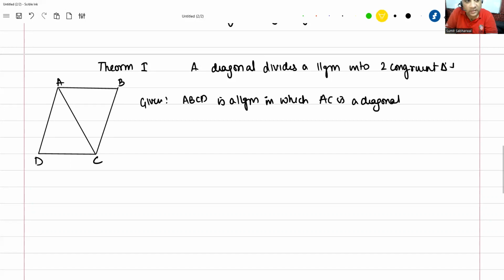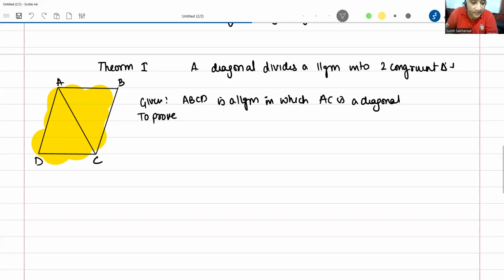So what basically AC is doing is dividing the parallelogram into two congruent triangles. We have to prove those divided triangles congruent. Normally, children, if the opposite vertices of a quadrilateral are joined, the quadrilateral gets divided into two triangles. Now this parallelogram is also a quadrilateral. It is getting divided into two triangles.